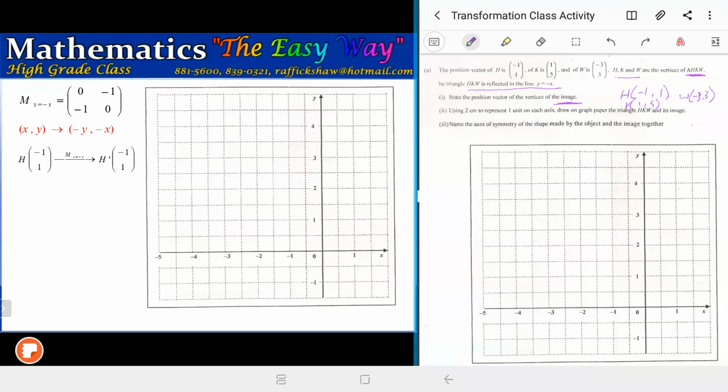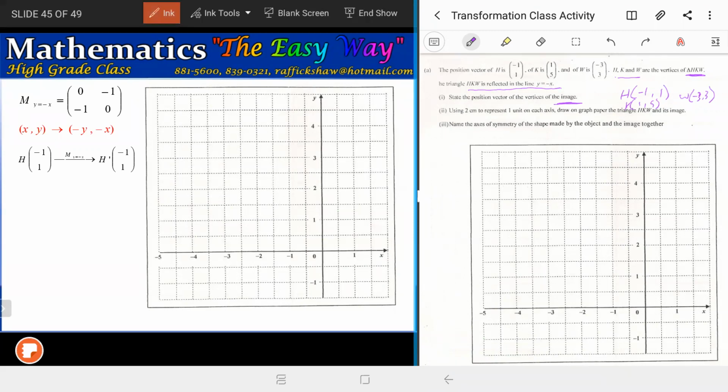So for example, the point H, which is (-1, 1), will interchange and change sign. The interchange first: the values interchange to become (1, -1), and then change signs, so it becomes (-1, 1). You get back the same point.